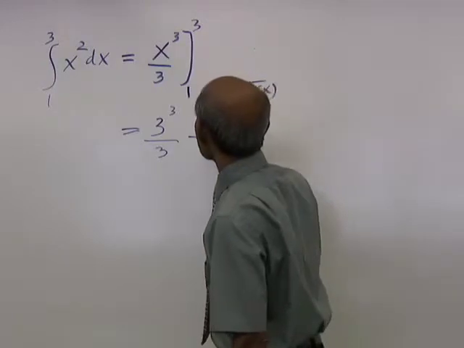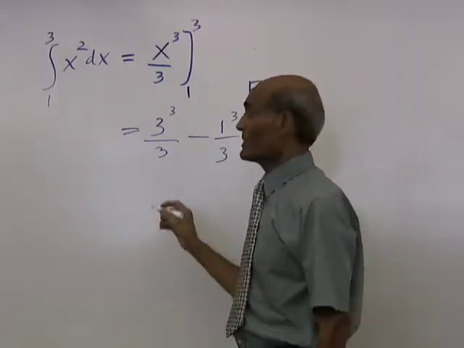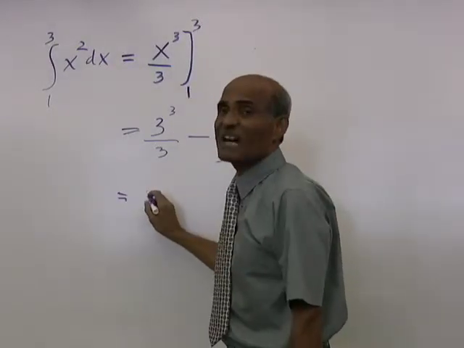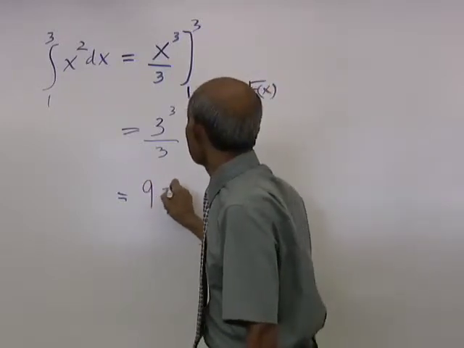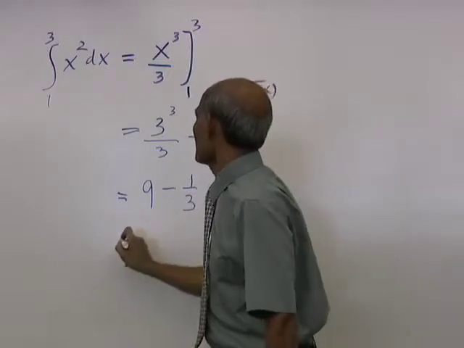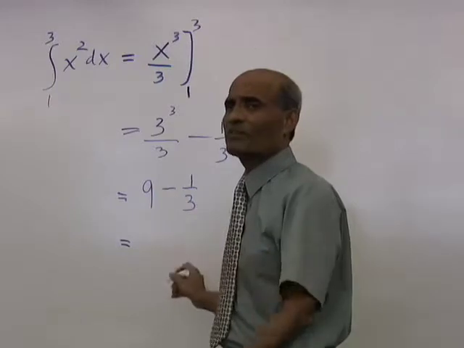That will be 1 to the power of 3 divided by 3. Now what is 3 to the power of 3 divided by 3? Isn't that 9? Yes, so that would be 9 minus 1/3, and 9 minus 1/3 will be, give me quickly a value for that.